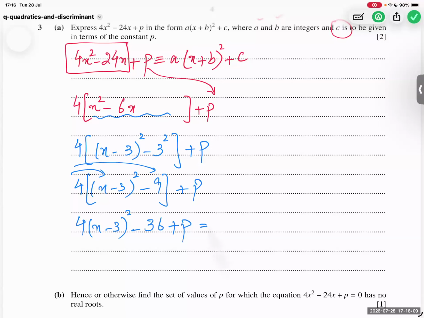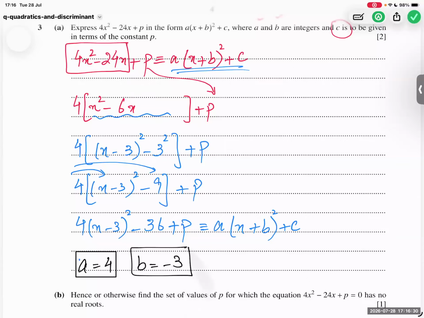Now, if you see, this can be expressed in this form, that is a into x plus b whole square plus c. Now you can clearly see that value of a we get is 4, right? Yes. Value of a is 4 and value of b is negative 3. Yes. And value of c, the constant thing that's coming outside this, is p minus 36, right?